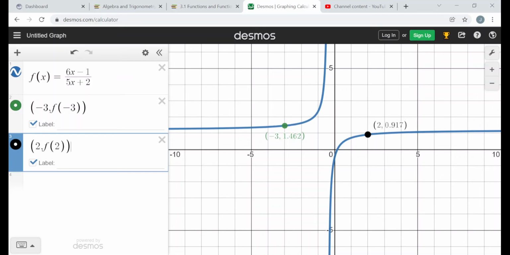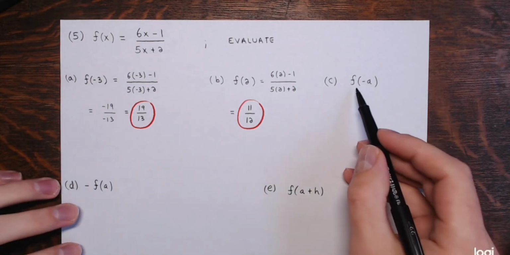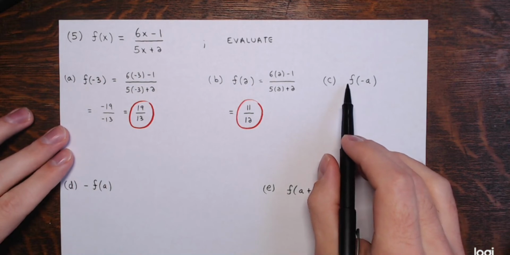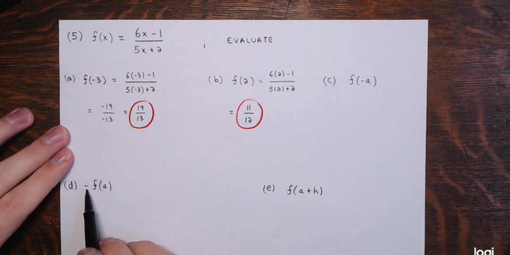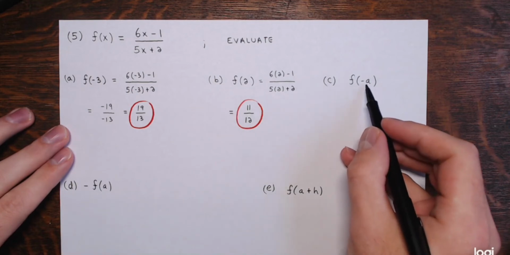All right, and then back to this. All right, then in part C, notice we're not changing the function itself, right? It's still function f. It's not the opposite of f, like in D, right? Something done to the outside actually changes the function itself. But it's still function f. We're changing the inputs though, right? The input now is negative a, right? The opposite of a.